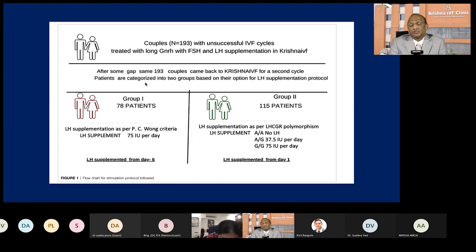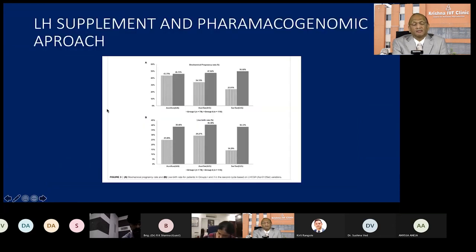The second group is based on the polymorphism: if wild type A by A, no LH was given. If A by G, we gave half an ampule of LH, and if G by G, one ampule from day 1.